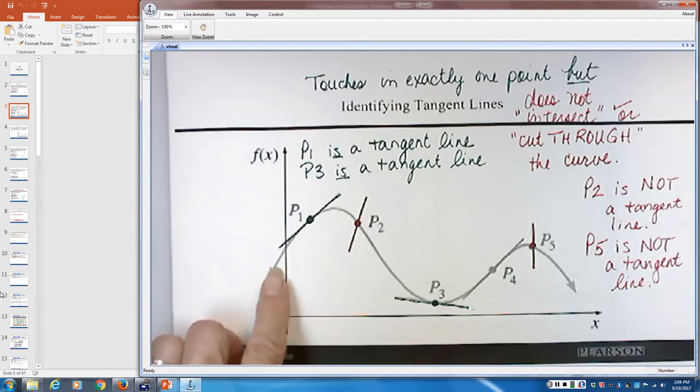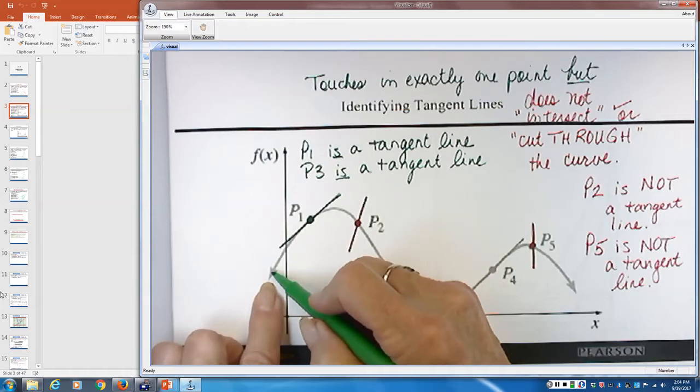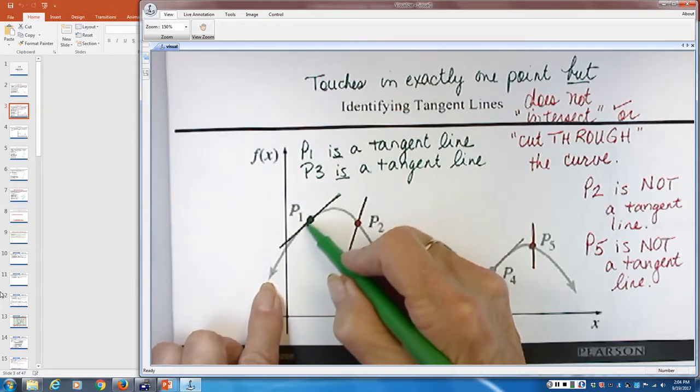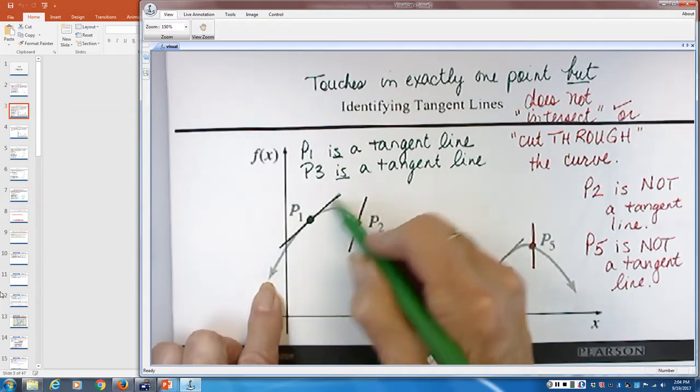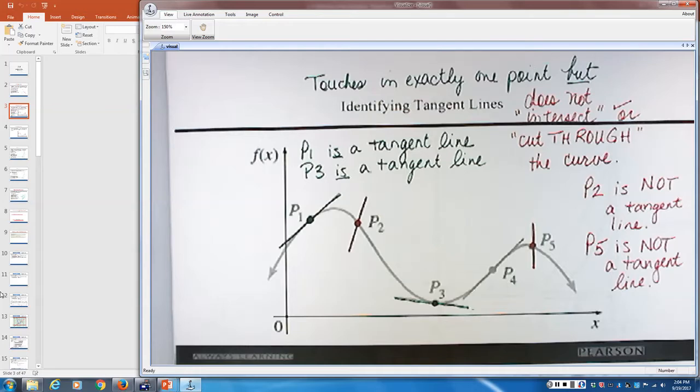And with P1, the curve is basically going uphill, uphill, uphill. So that's a positive slope. Uphill's positive slope, downhill's negative slope.